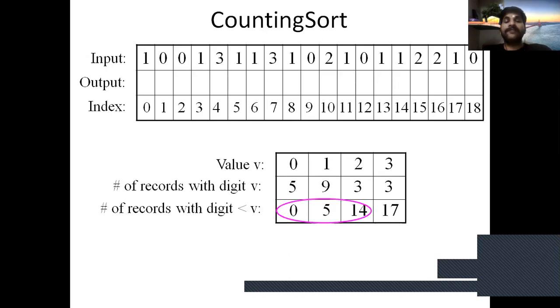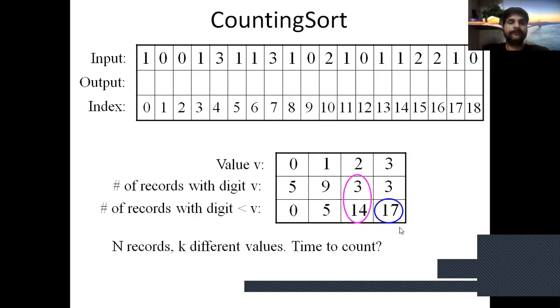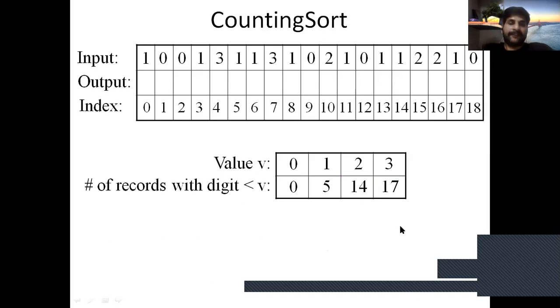Now records with digit less than V: 0, 5, 5 9 14, 14 3 17. We get different values.